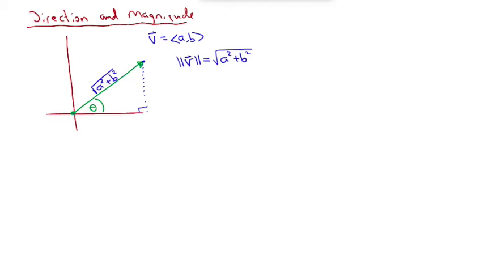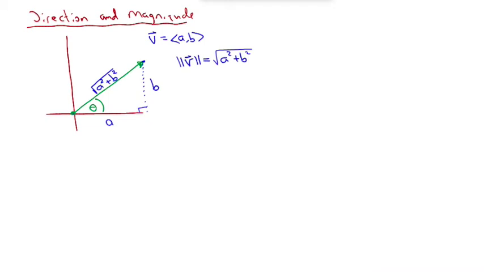I want to write that down. This side then, of course, is a, and this side is b. I want to get angle theta involved. Tangent, b over a, would give an angle, but I wanted to get involved in the i direction and the j direction, so sine and cosine.